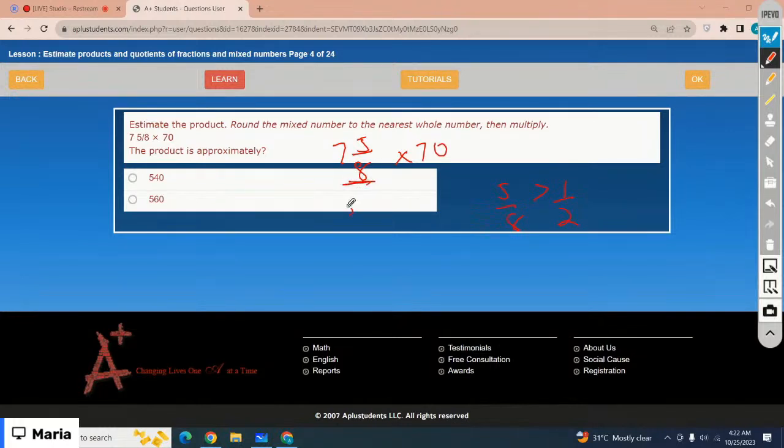It would be rounded up to 8, and 8 times 70 is 560. The correct option is 560.